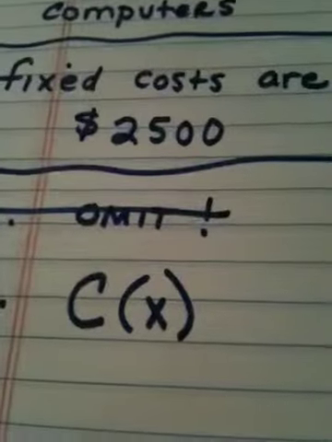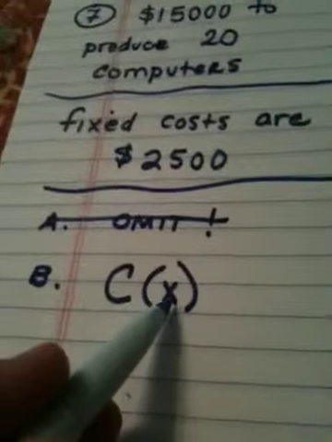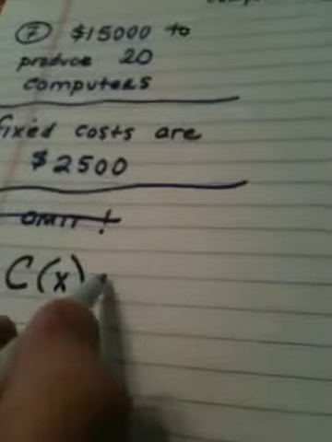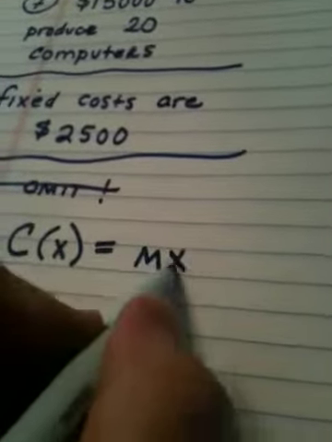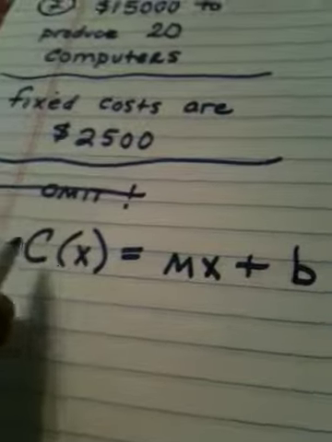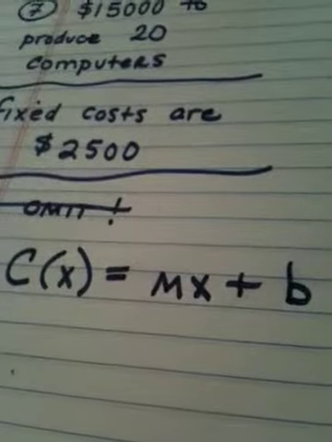Part B says, determine the cost function. Determine C of X. Of course, we know this is mx plus b. C is cost, and X is the number of computers we're producing.